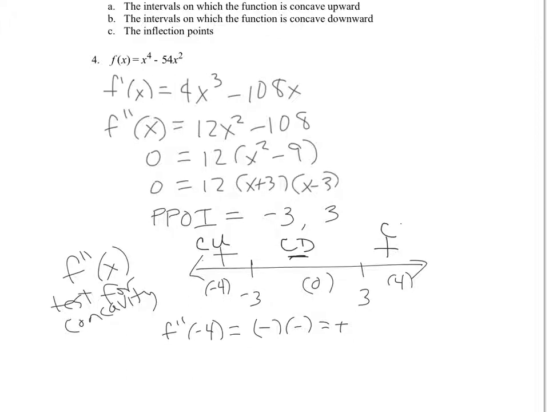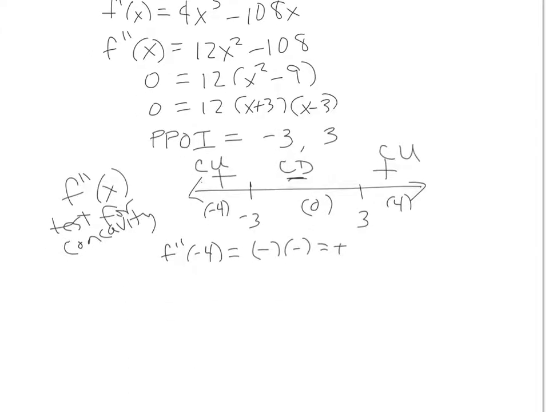Very good. So that's where I'm having changes in concavity, and it means I must have some inflection points. So let's see if you can identify where my inflection points are. It's got to be -3 comma something, and it's got to be 3 comma something.